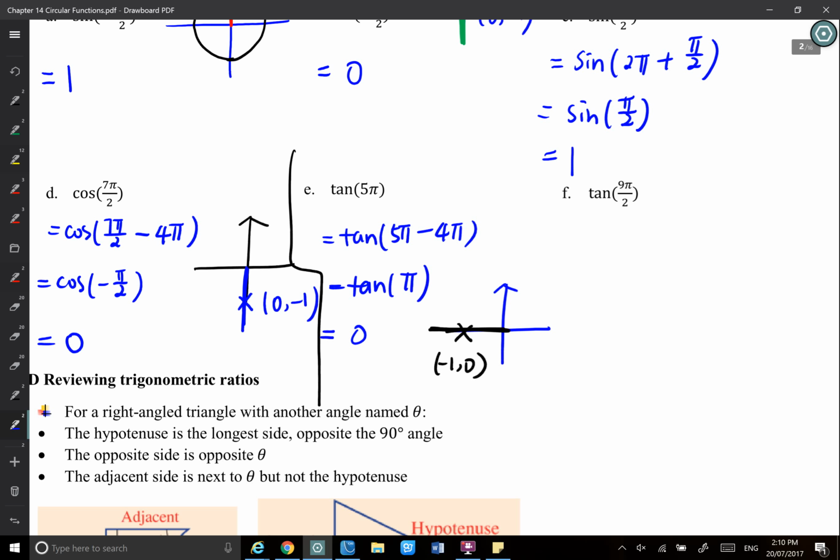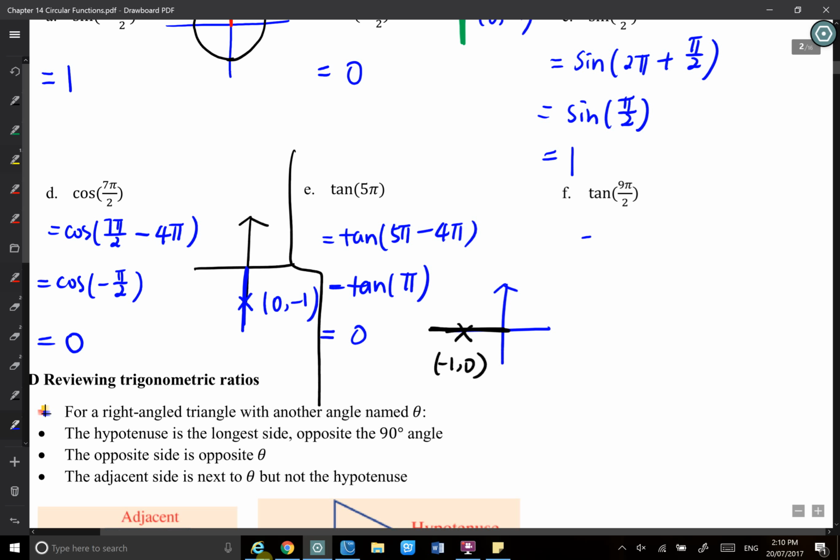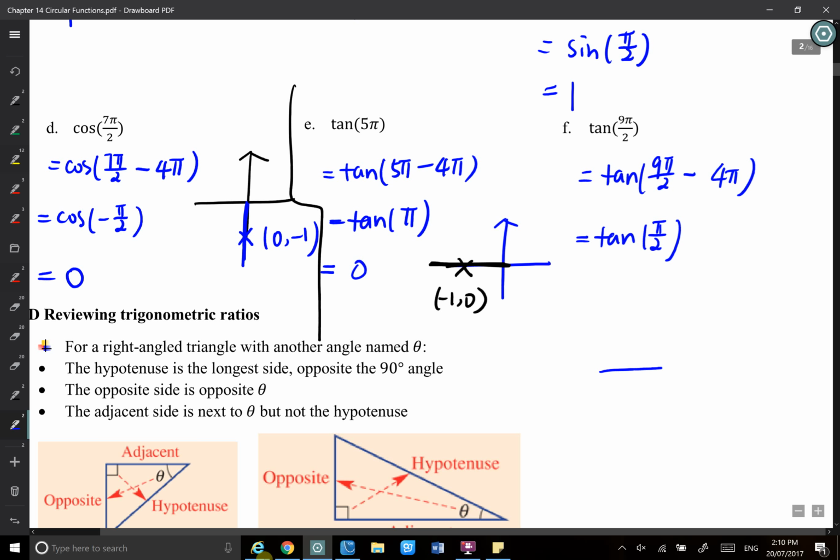Okay, last one, 9 pi over 2. So that equals tangent 9 pi over 2 subtract 4 pi, which is 8 pi over 2. That will give you tangent pi over 2. Tangent pi over 2 is here. The point of intersection is 0, 1.